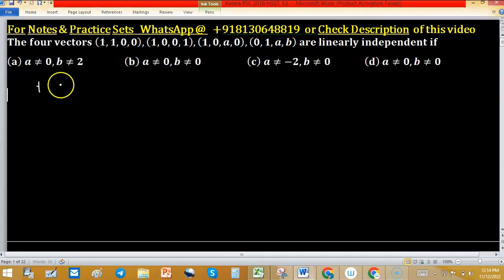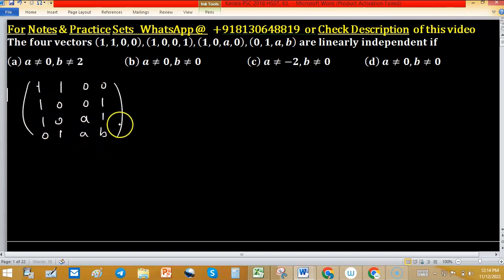Four vectors: (1, 1, 0, 0), (1, 0, 0, 1), (1, 0, A, 1) and the last vector (0, 1, A, B). These four vectors are linearly independent when the rank of this matrix is 4, and the rank will be 4 when each row contains a pivot.